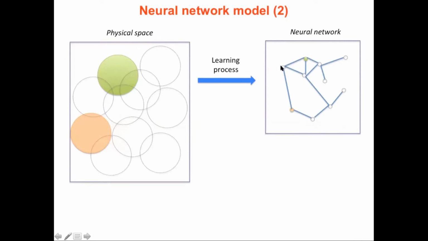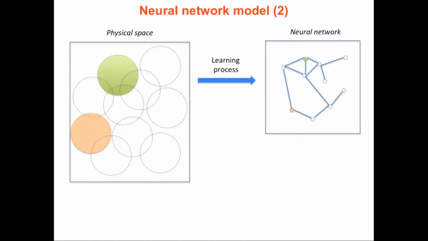We put a strong connection between neurons with overlapping place fields. And if I didn't make any mistake, this network of connections corresponds to the topology of the place field locations here, where you have a connection between overlapping place fields, and no connection if they don't overlap.